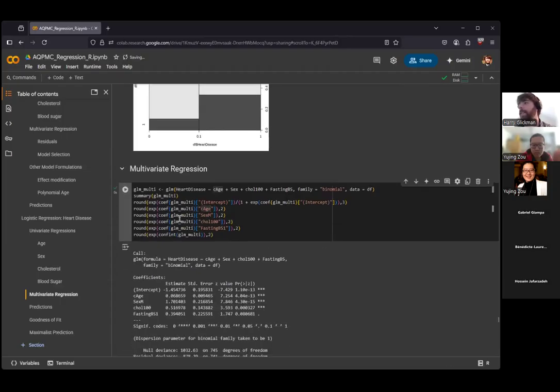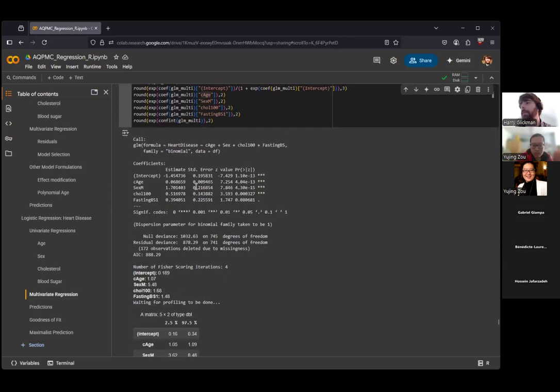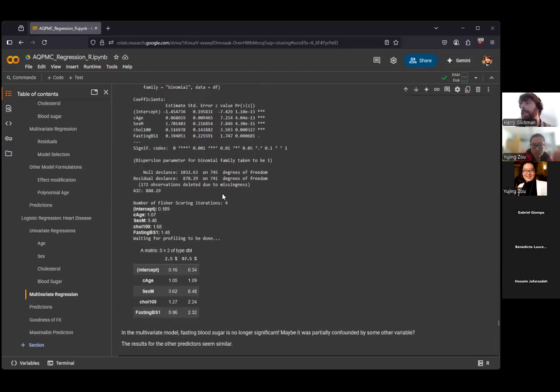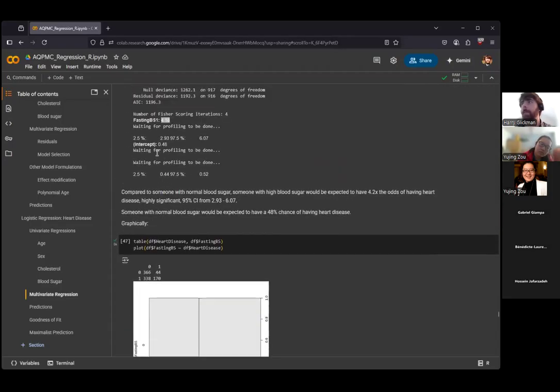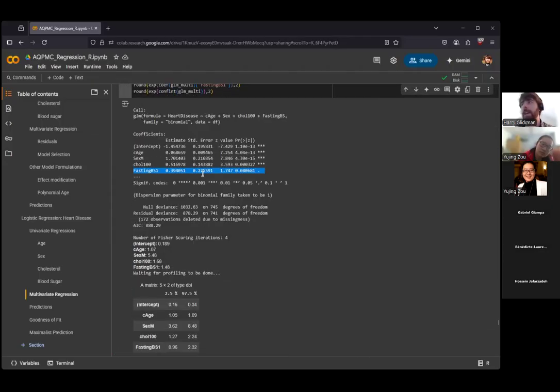And then if we add all these together in multivariate regression, this is interesting. The effect for fasting blood sugar, which was something like 4 times the odds in the univariate analysis, is no longer significant.